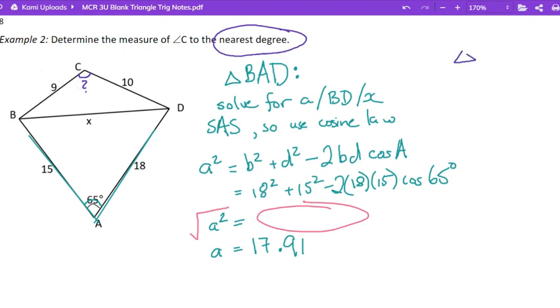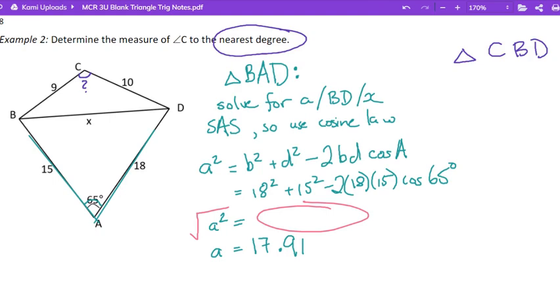All right, let's move into triangle CBD. So did people agree with the 17.91? Yes. Okay. Out of curiosity, what do you think about the angle that we're going to get for angle C?